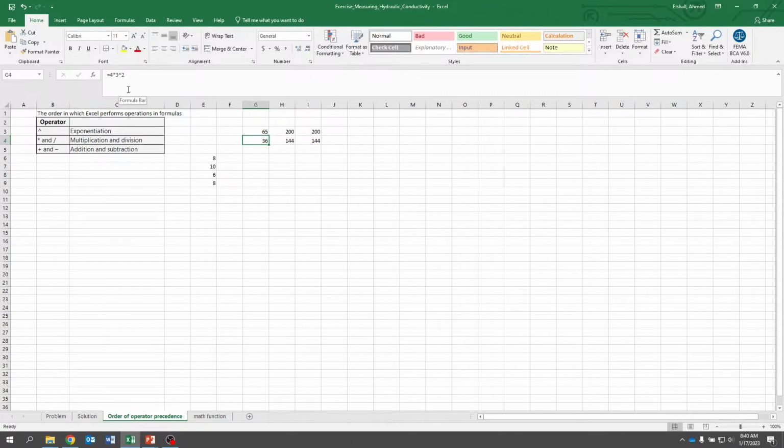Similarly here I have a power, so it will not be 4 times 3, that's 12, and then the power of 2, that's 144. No, it will be first 3 to the power of 2, that would be 9, times 4, that would be 36. If I want it the other way around, then I open a bracket, 4 times 3, then I raise it to the power of 2, then I get this one.